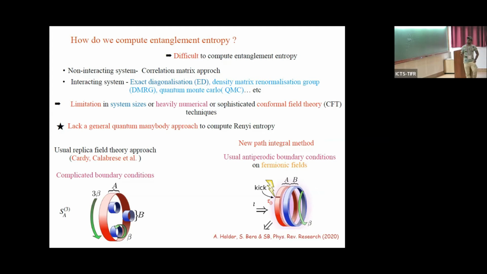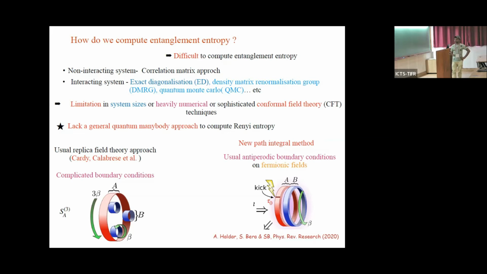The usual approach is the replica approach, developed by Calabrese and Cardy, which has complicated boundary conditions. Here you see that for the third Renyi entropy, the degrees of freedom in A have an antiperiodic boundary condition over 3 beta, where beta is the inverse temperature, and the B subsystem has a beta antiperiodic boundary condition, and then you have to join the A and B degrees of freedom properly. Those complicated boundary conditions can be simplified.